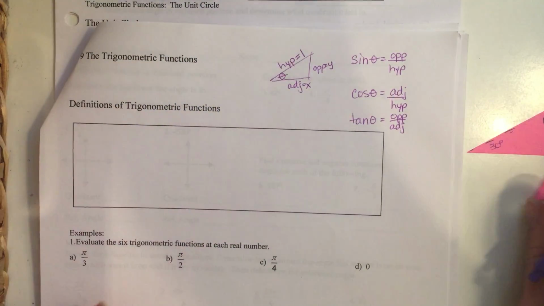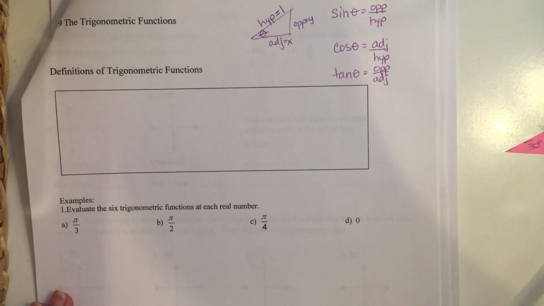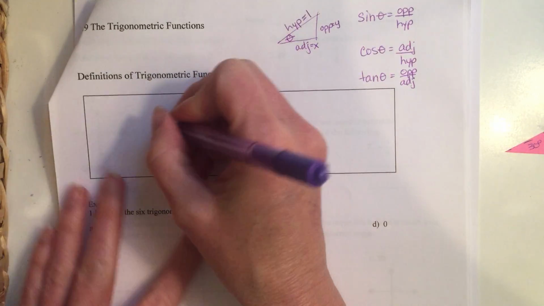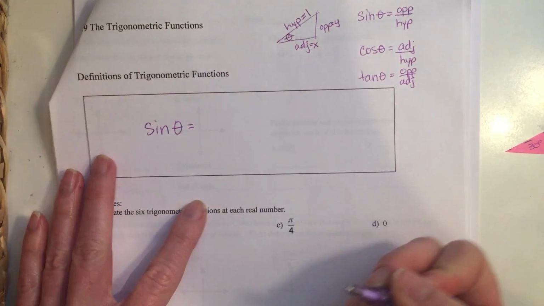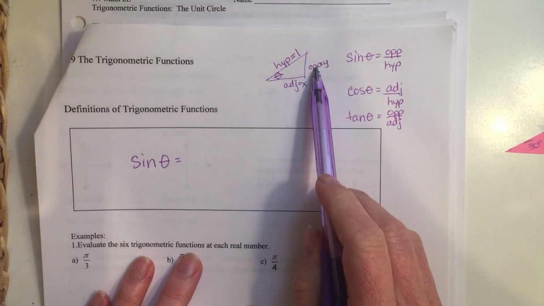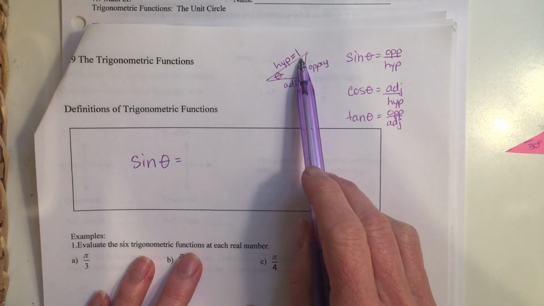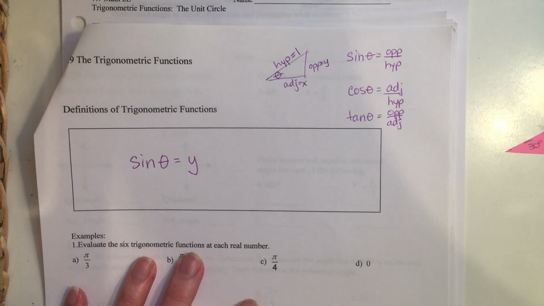So we're going to use that when I talk about my trig functions. So in this picture, I'm going to talk about my sine of theta is going to be equal to opposite over hypotenuse. In this case, it's the y value divided by 1, or sine theta will be equal to whatever your y coordinate is.